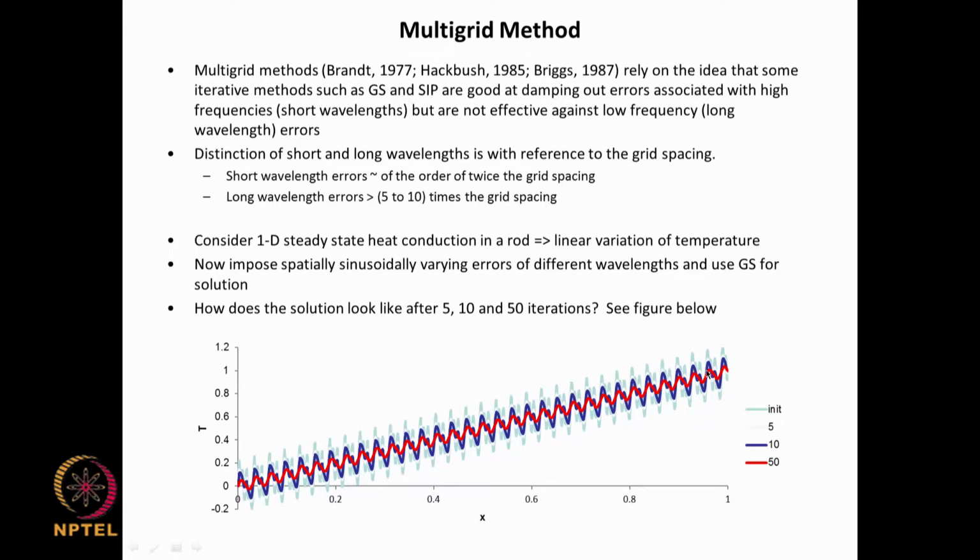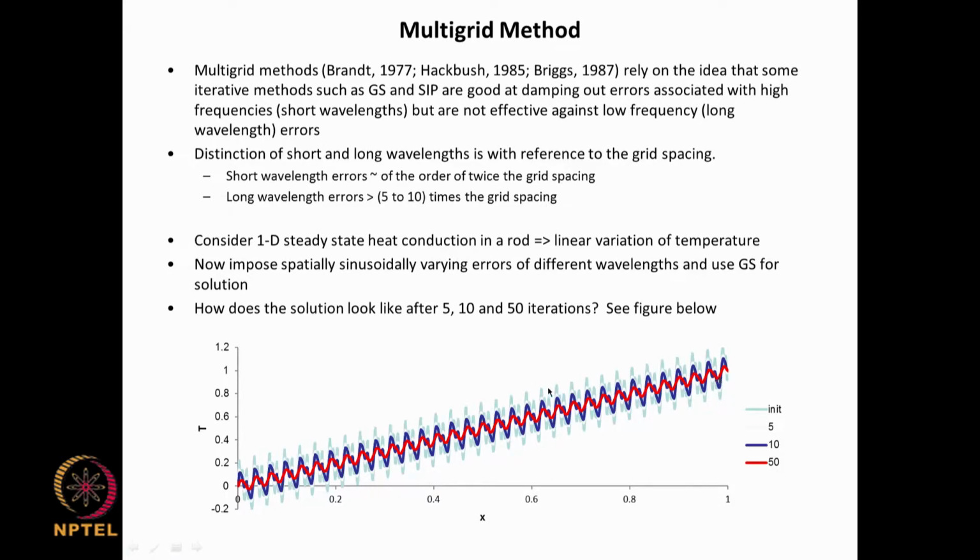So it is a simple problem, 1D steady state heat conduction with constant thermal conductivity, so alpha d square T by dx square equal to 0, without any source term.